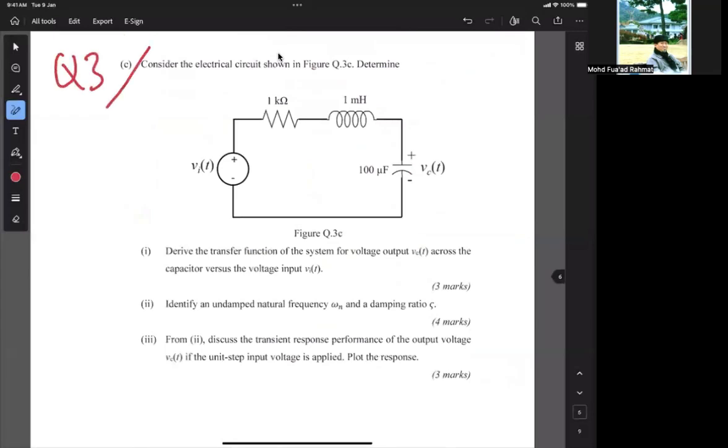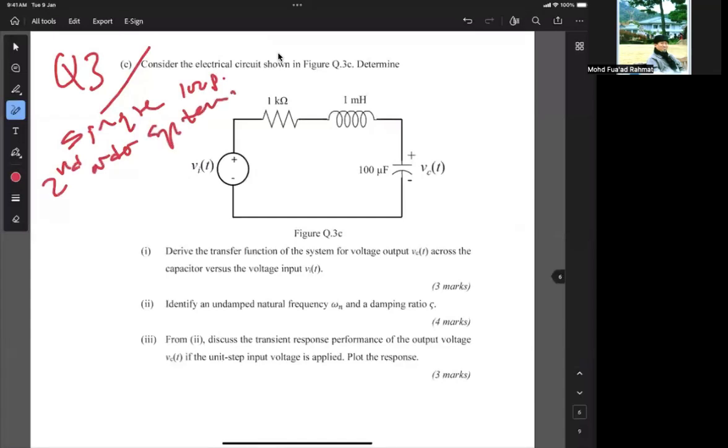Question 3C, where you are given an RLC circuit. Derive the transfer function of the system for the voltage Vc across the capacitor. So this one is a single loop, second order system.